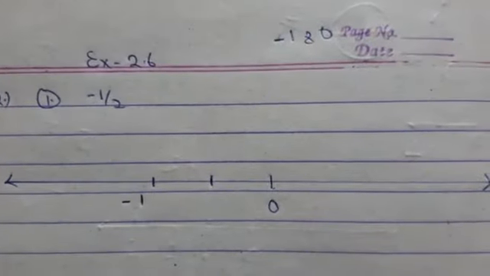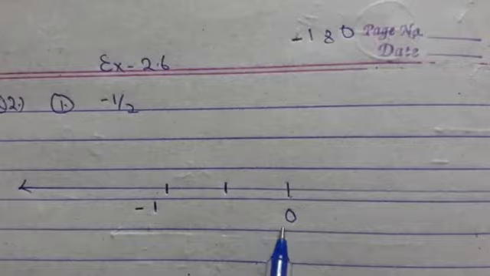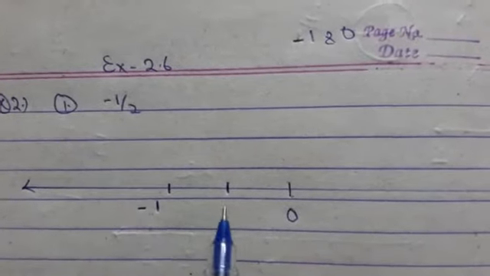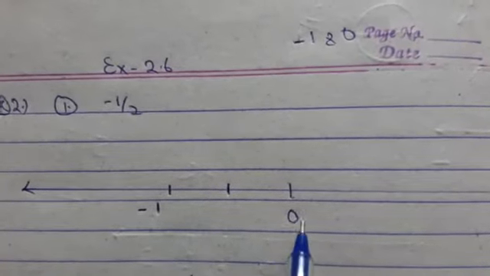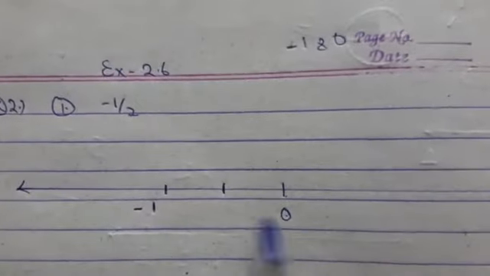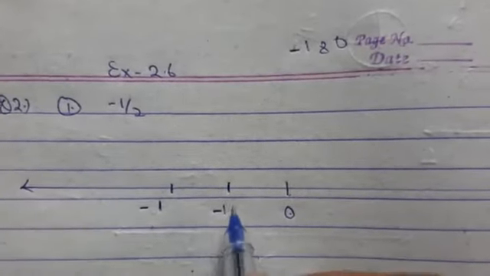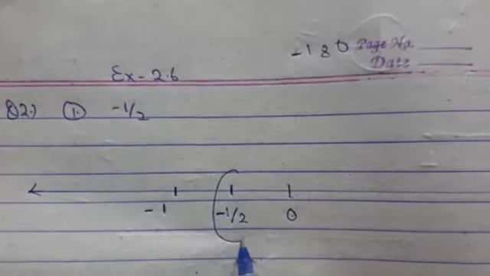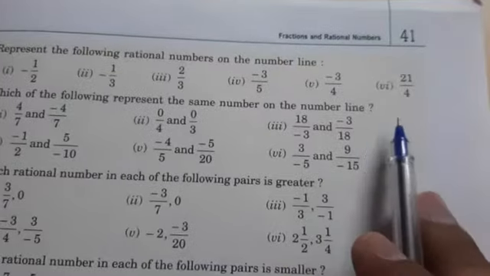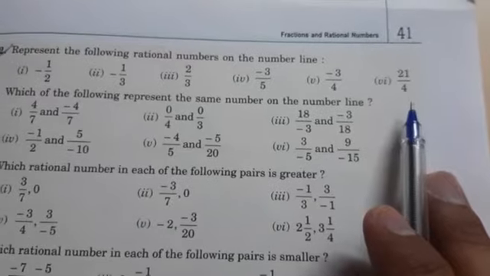This I already told you yesterday. That means between minus 1 and 0, a required number will lie down. So between minus 1 and 0, that means the number will lie here. So this will be your required answer. After mark, let's see next question, 21 upon 4.